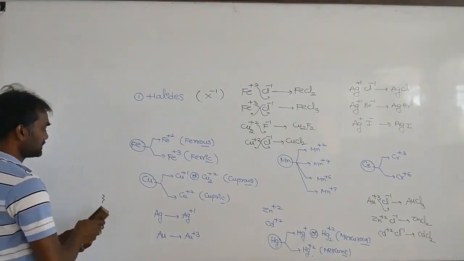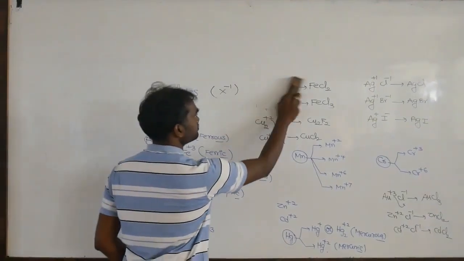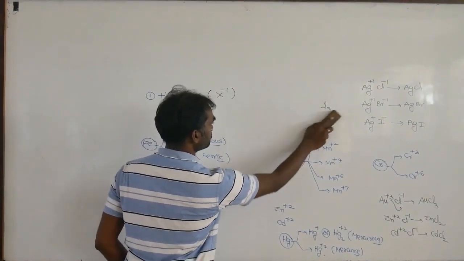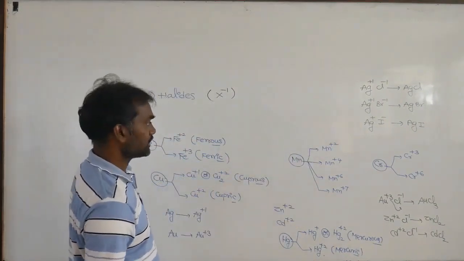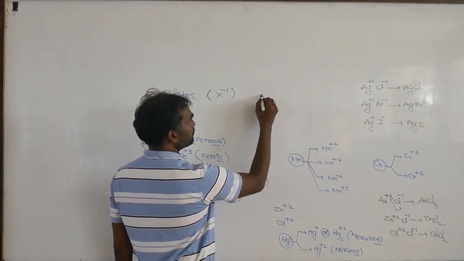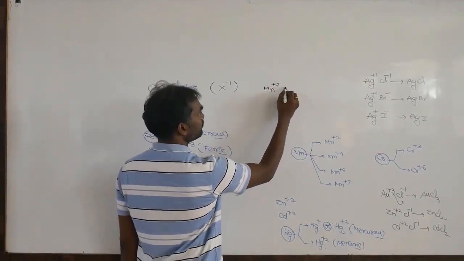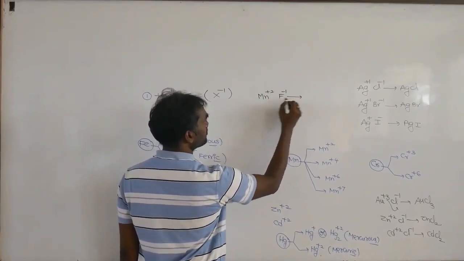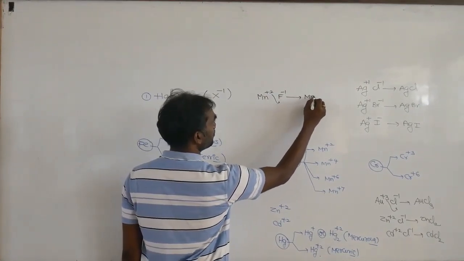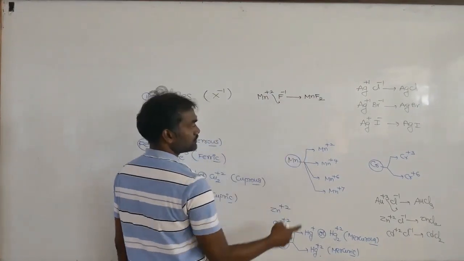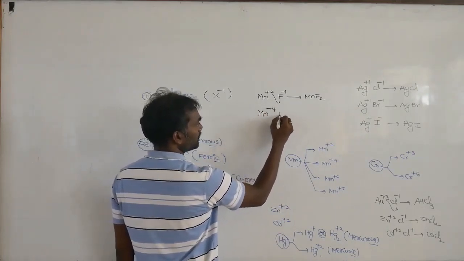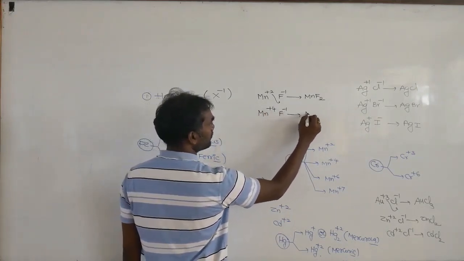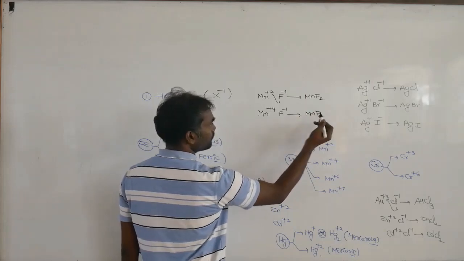Some other examples we see. Suppose you take manganese. Manganese plus 2 is there, fluorine F minus 1, so your formula is MnF2. Manganese plus 4, F minus 1, MnF4.